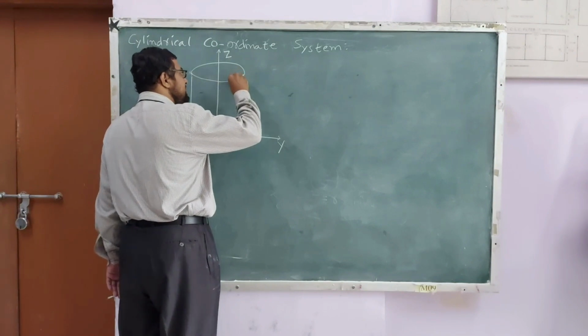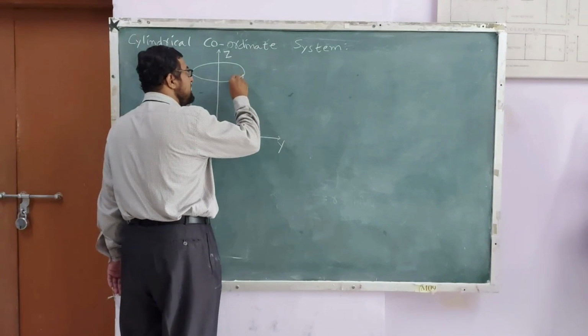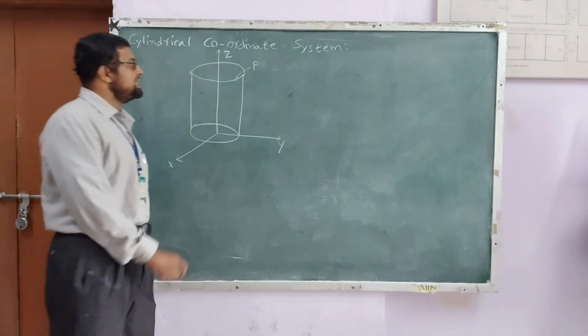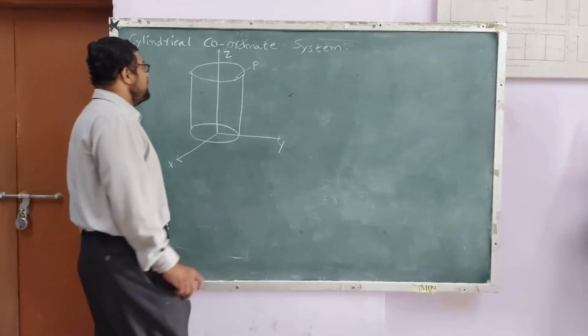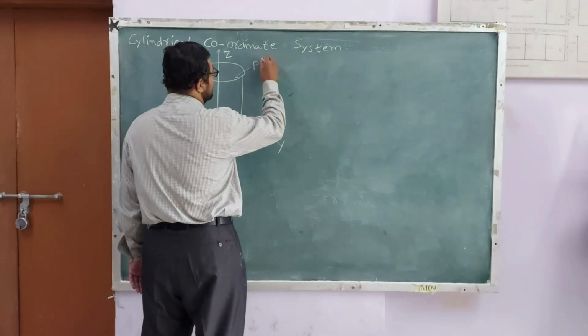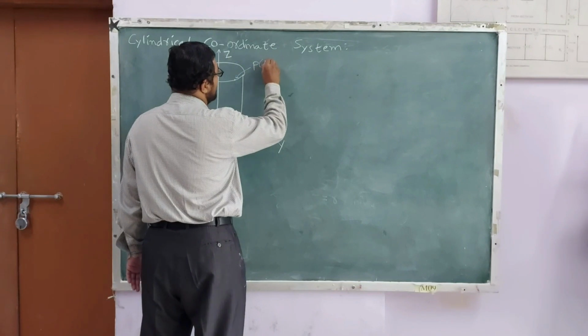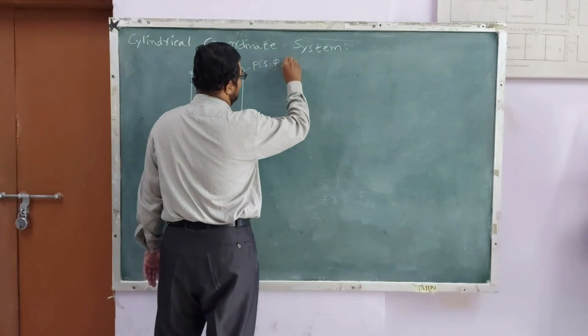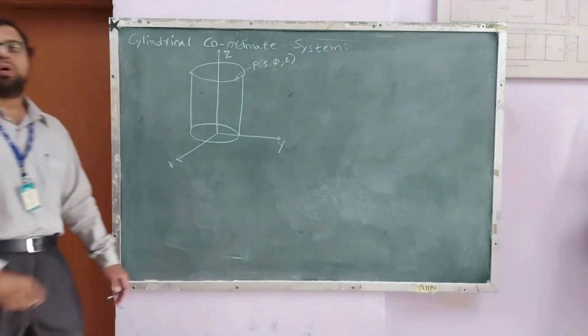Say I will consider a point capital P over here. This is our point capital P, whose coordinates we consider as rho, phi, and z. So these are the three coordinates.